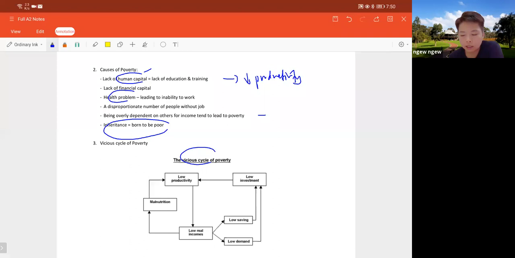So, although this doesn't mean to be pessimistic, I come from not a very wealthy family as well, so I need to work extra hard. But for a person coming from not a very good background, in order to jump up from poverty is quite difficult.